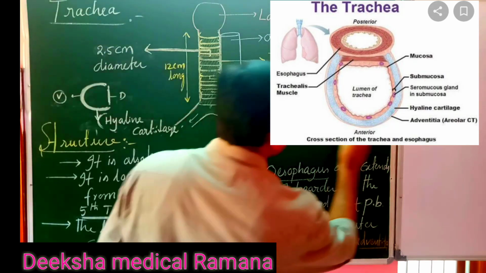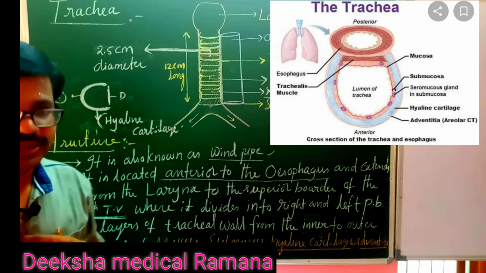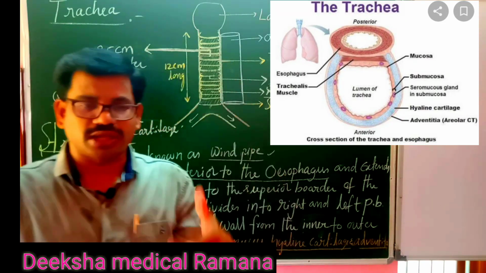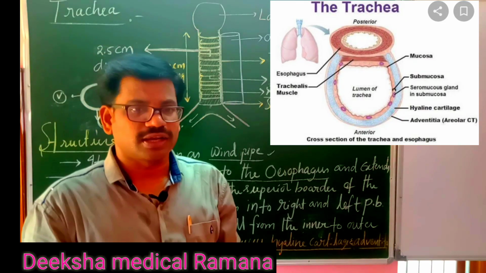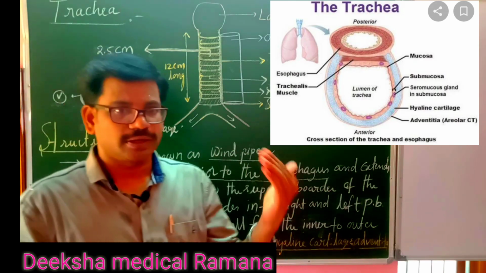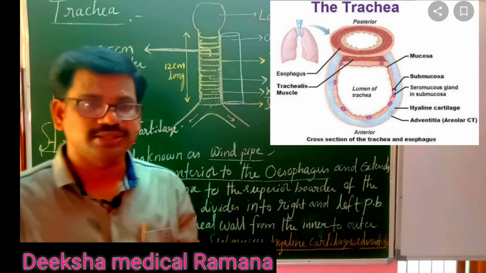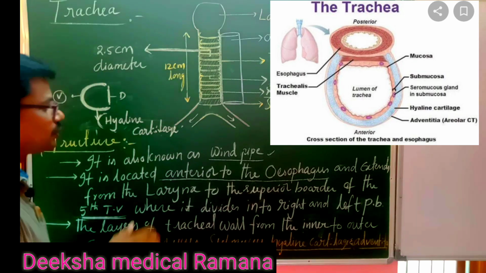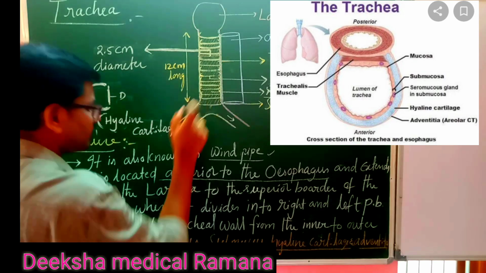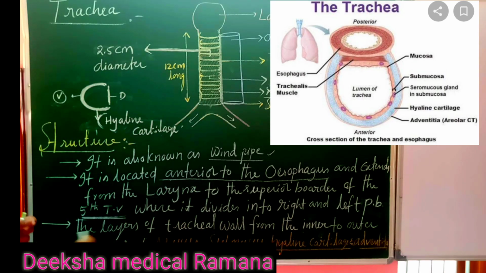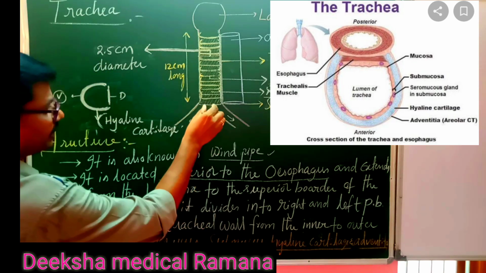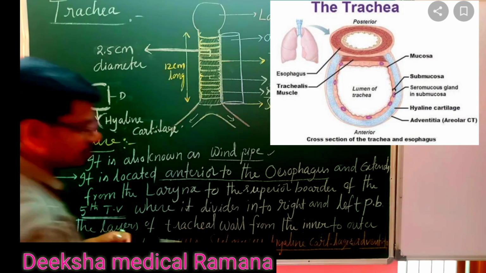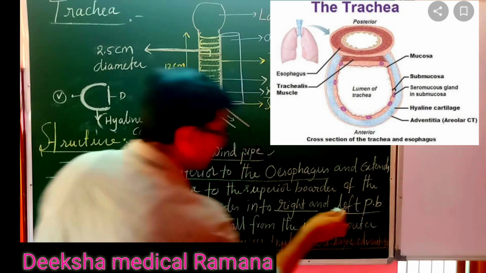The thoracic vertebrae are present in the thoracic region of the vertebral column. There are many regions: cervical vertebrae, thoracic vertebrae, lumbar vertebrae, sacral vertebrae and coccygeal vertebrae. The trachea extends up to where the fifth thoracic vertebra is present. Then, very importantly, the trachea divides into the left and right primary bronchi.